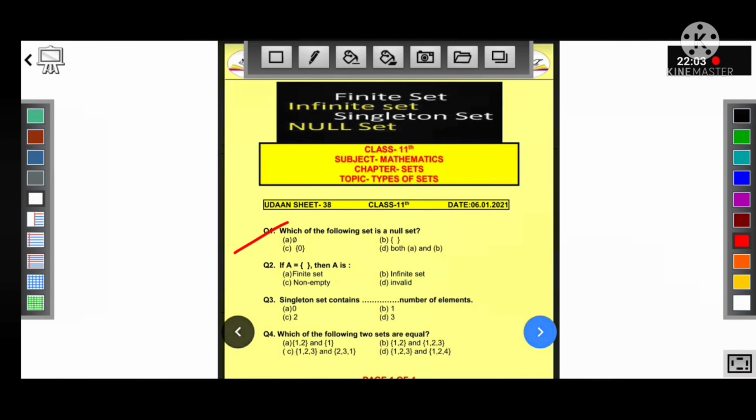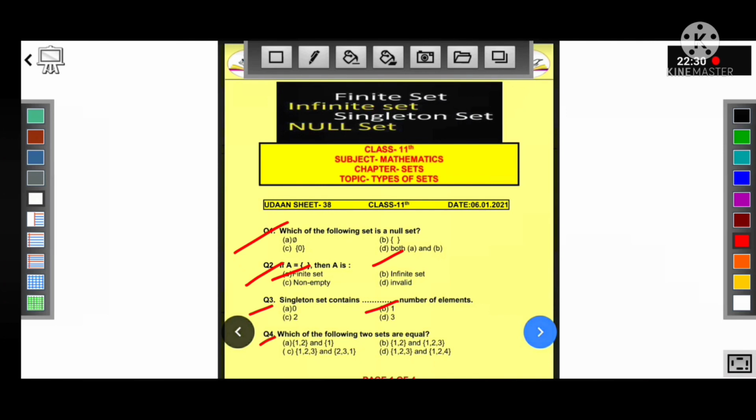Because first and second are both null sets, D option is right. Question number 2. If A is equal to this, then A is a finite set. Third question. A singleton set contains dash number of elements. Because a singleton set contains only one element, B is the right option.